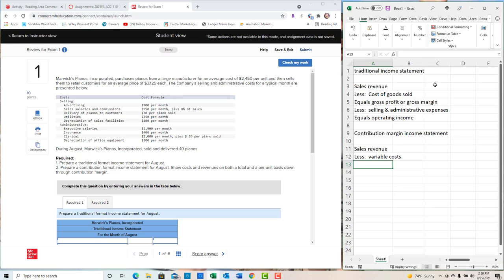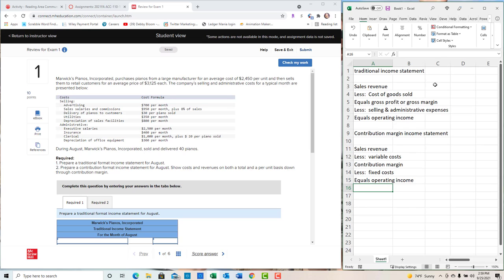So with a contribution margin income statement, if we take our sales revenue and subtract our variable costs, we come down to what is known as the contribution margin. From our contribution margin, we subtract our fixed costs, and that is going to equal the same operating income that we calculated above in our traditional income statement.